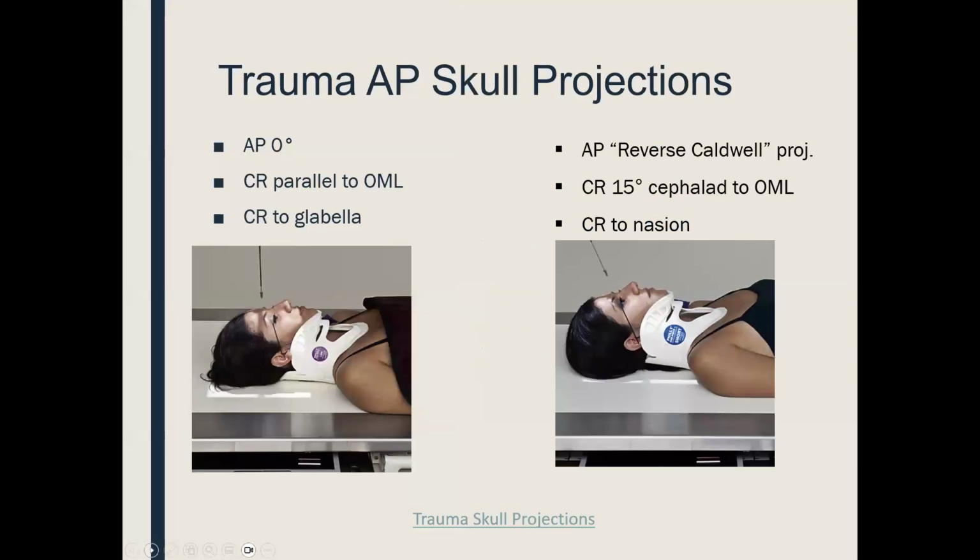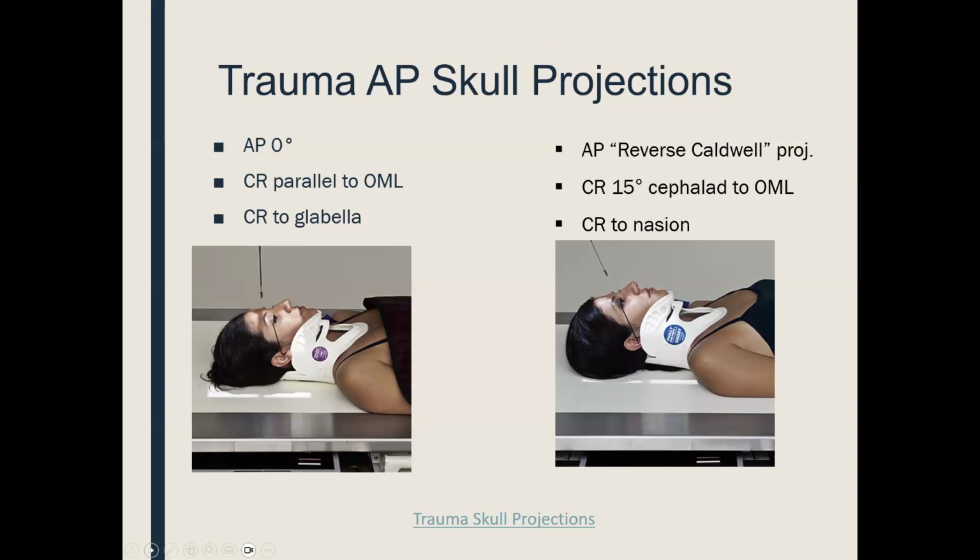This is how the trauma AP is done and how the reverse Caldwell, because it's naturally a Caldwell projection, but when a patient is in a C-collar, you cannot turn the patient over and do a PA projection. So we do a reverse Caldwell. For the AP, with this particular one, they have the OML, the orbital meatal line.